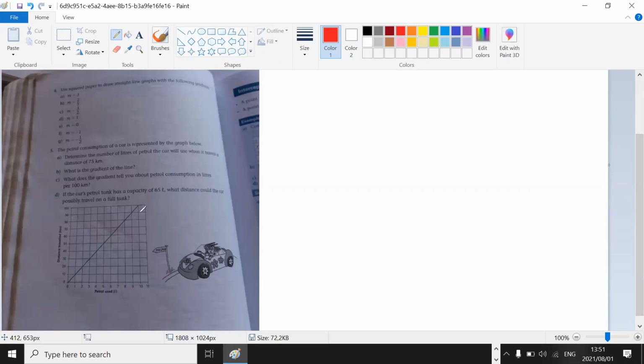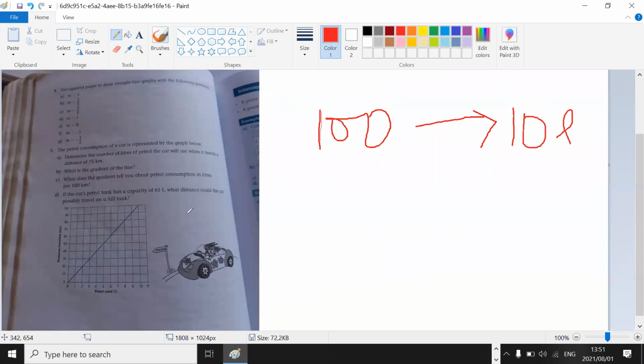On this diagram, we are told that if a car travels 100 kilometers, it is going to consume 10 liters. That is the information given from this diagram.